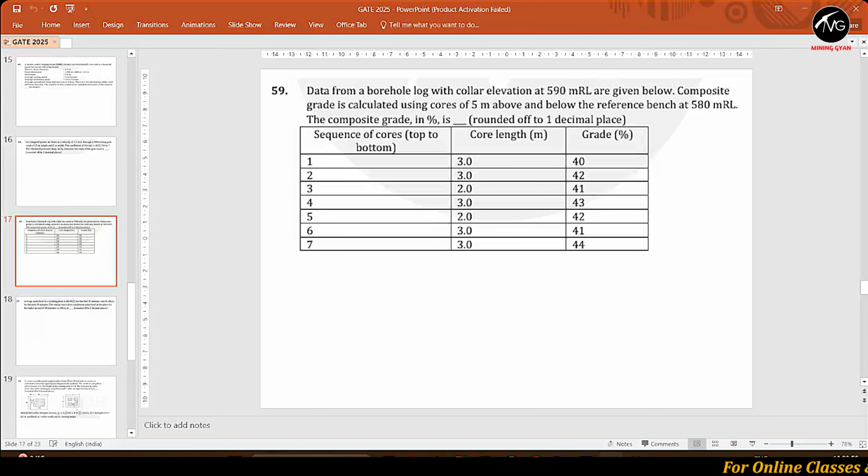Now the load on the pillar would be rho g, depth of the pillar, into the effective area on which the load will be distributed, which would be 35 square meter.